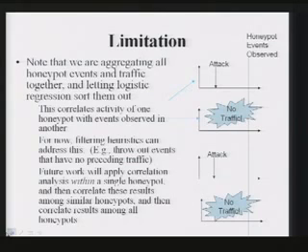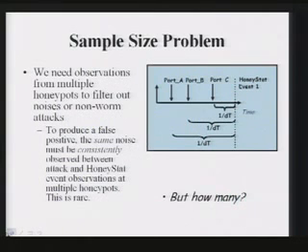Essentially, we want to filter out honeypots that have no activities. So that's a limitation that at this point doesn't cause a lot of problems, but it's not quite right.